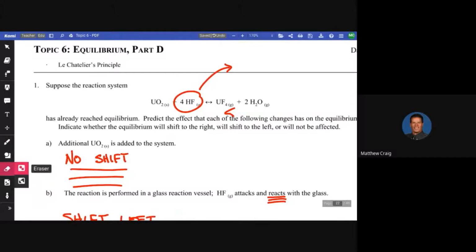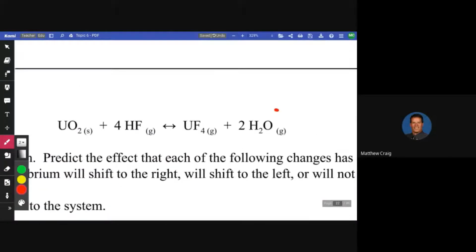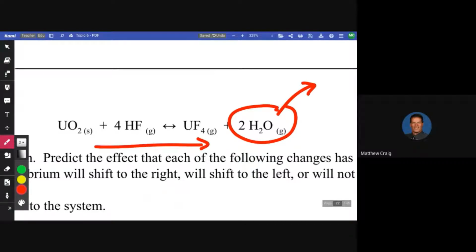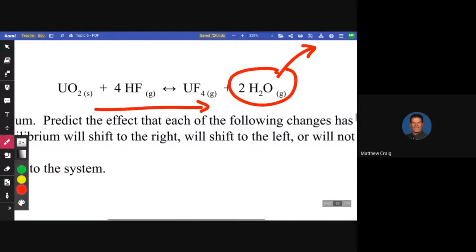Looking at the next scenario, water vapor is removed. Okay, so water is on the product side. So same thing, if we were to remove water, it will shift in the direction of the removal, shift toward the removal.